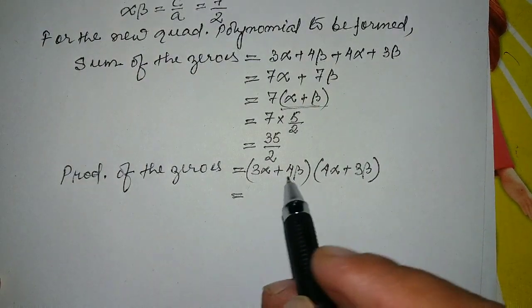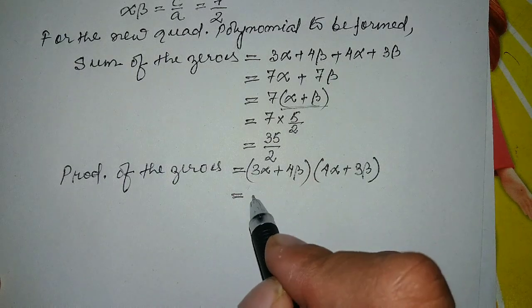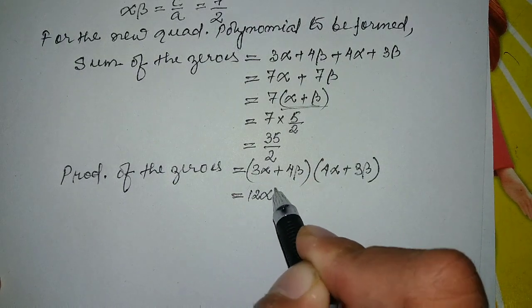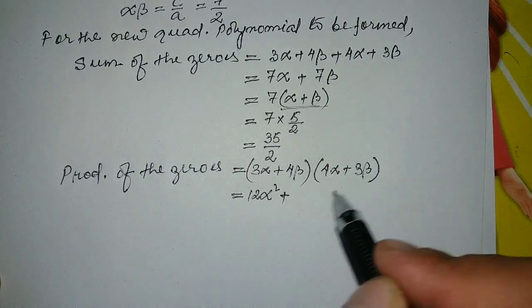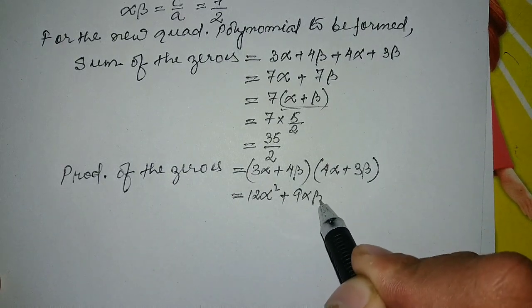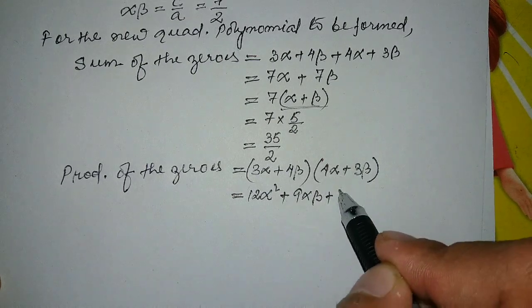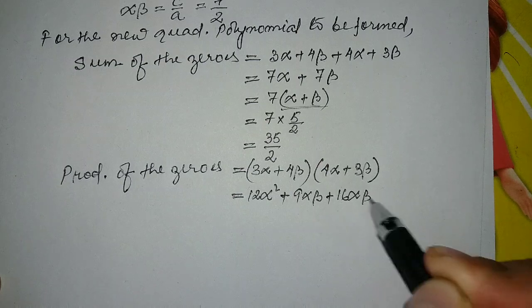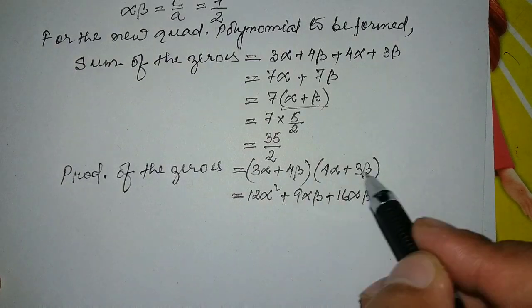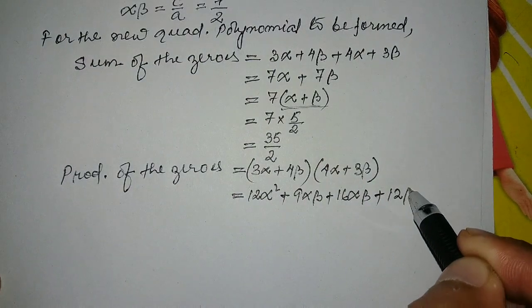Now this is equal to 3 4s are 12 alpha square, plus 3 3s are 9 alpha beta, plus 4 4s are 16 alpha beta, plus 4 3s are 12 beta square.